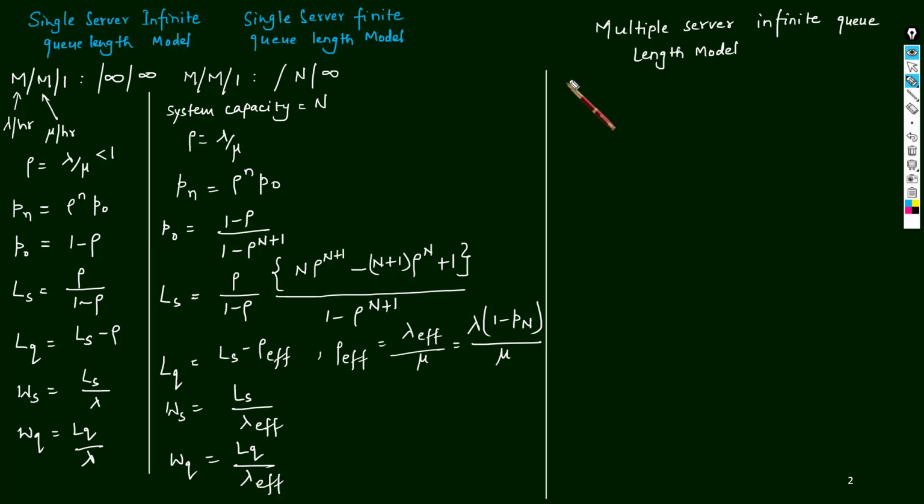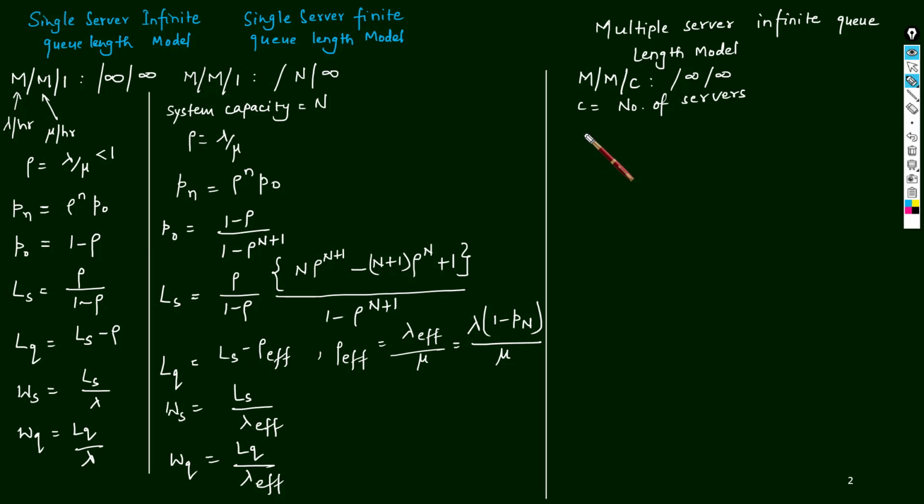Here, how will we denote it? M/M/1 becomes M/M/C, where 1 will not be there, and it will be C, and this will be infinity, where C is the number of servers.